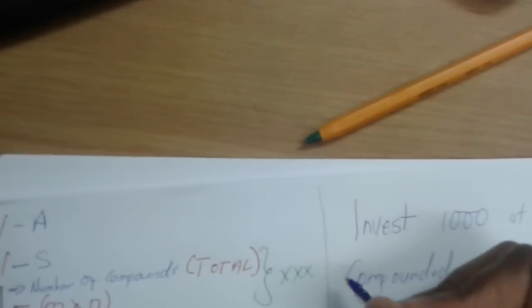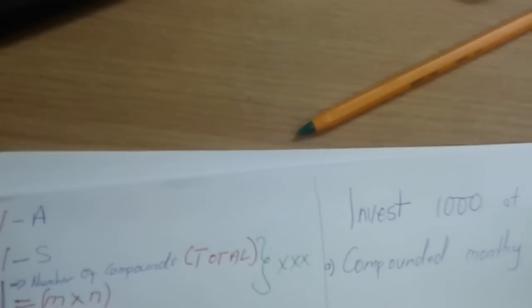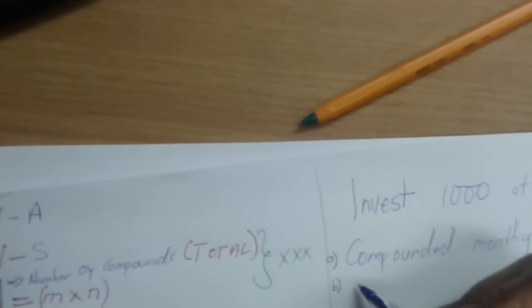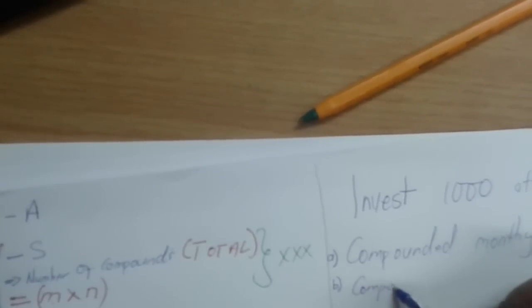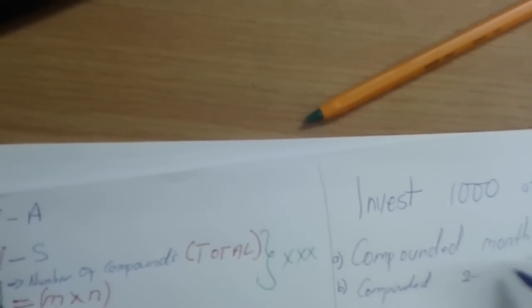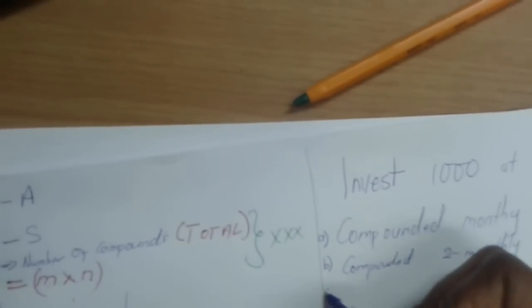I'm going to do A, compounded monthly. B, compounded 2 monthly.